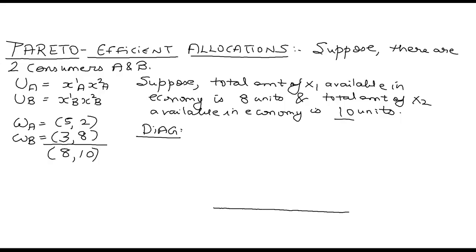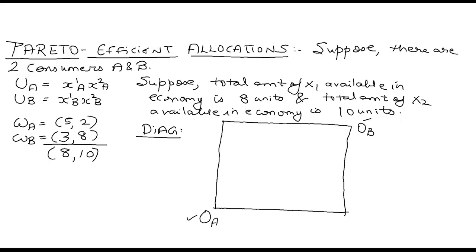This will be A's origin, and the breadth will be a line of 10 centimeters. So this is my Edgeworth box. This is A's origin. This is B's origin.